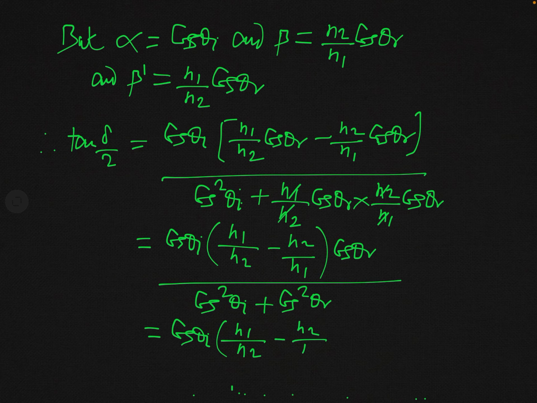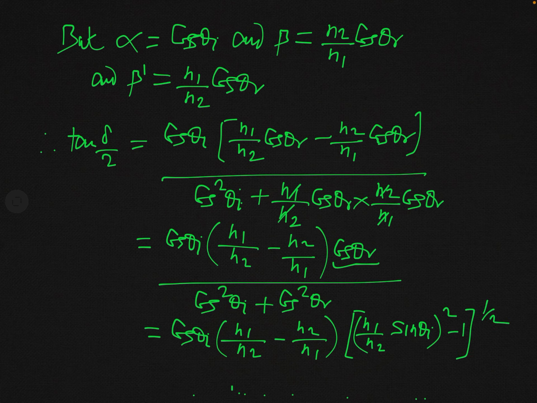And this result can be written as cos theta I into n1 by n2 minus n2 by n1, and in fact during the discussion on total internal reflection we have found that this cos theta r is actually equal to n1 by n2 sin theta I whole square minus 1, square root.